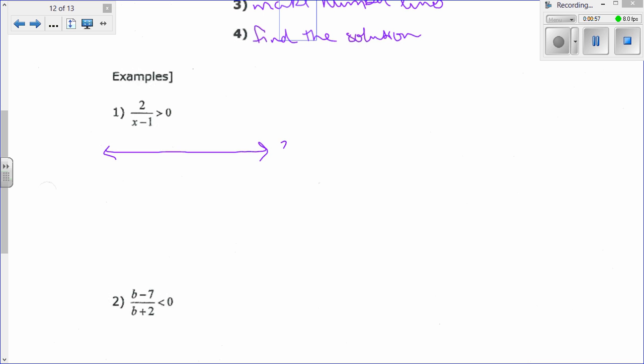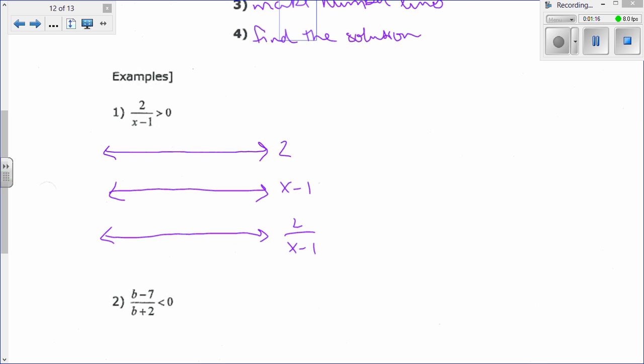So my numerator is 2. My denominator is x minus 1. And my answer will go in the number line of 2 over x minus 1.